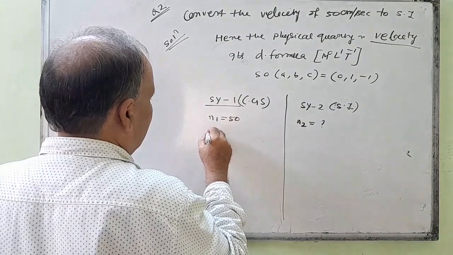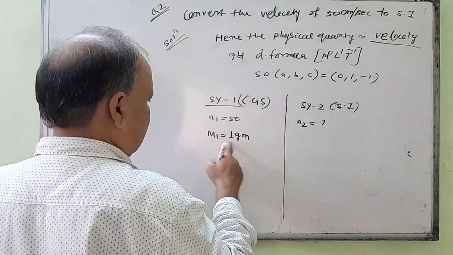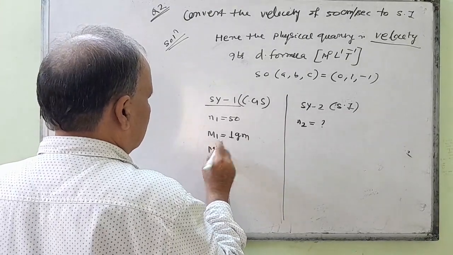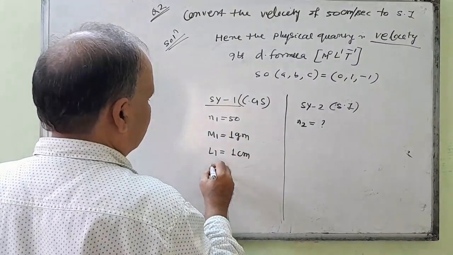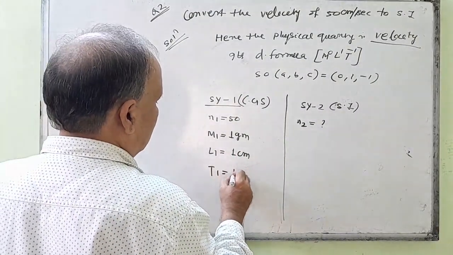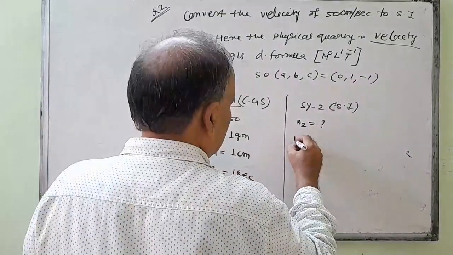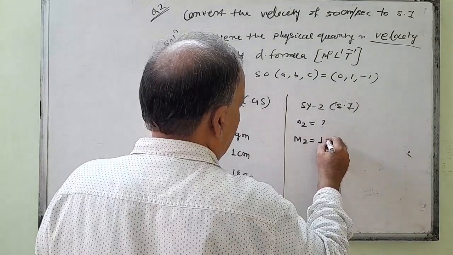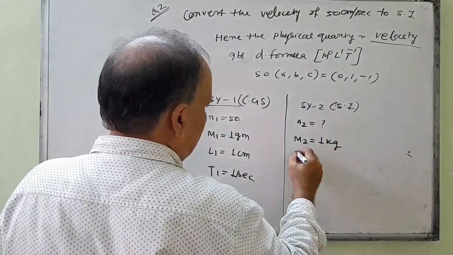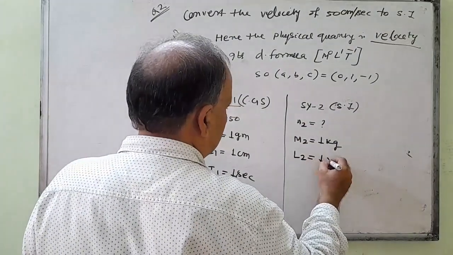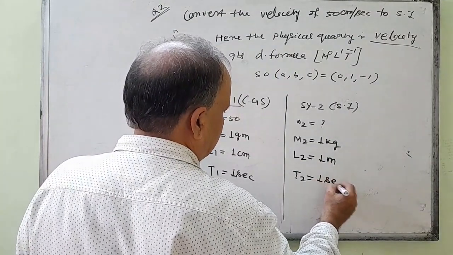Since it is CGS, M1 is equal to 1 gram, you always take L1 is equal to 1 centimeter, T1 is equal to 1 second. Next, M2 is equal to 1 kg, as it is converted to SI. L2 is equal to 1 meter and T2 is equal to 1 second.